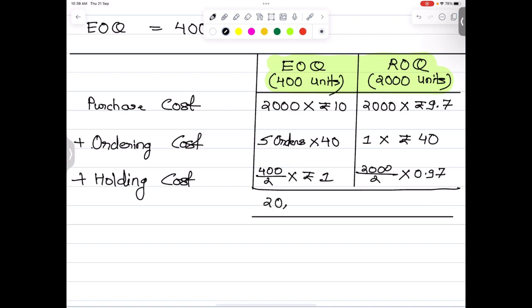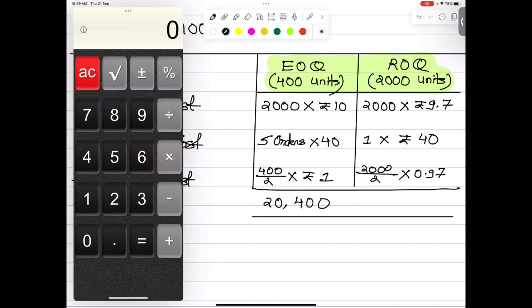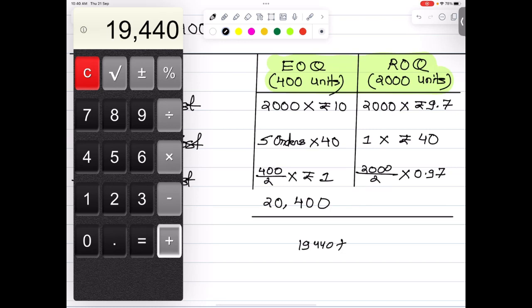It will be 20,000 plus 200 plus 200, which is 20,400. For the other, 2000 multiplied by 9.7 is 19,400, plus 40, and this is the total of both, 19,440, plus 2000 divided by 2 into 0.97, which is 970. So 19,440 plus 970.